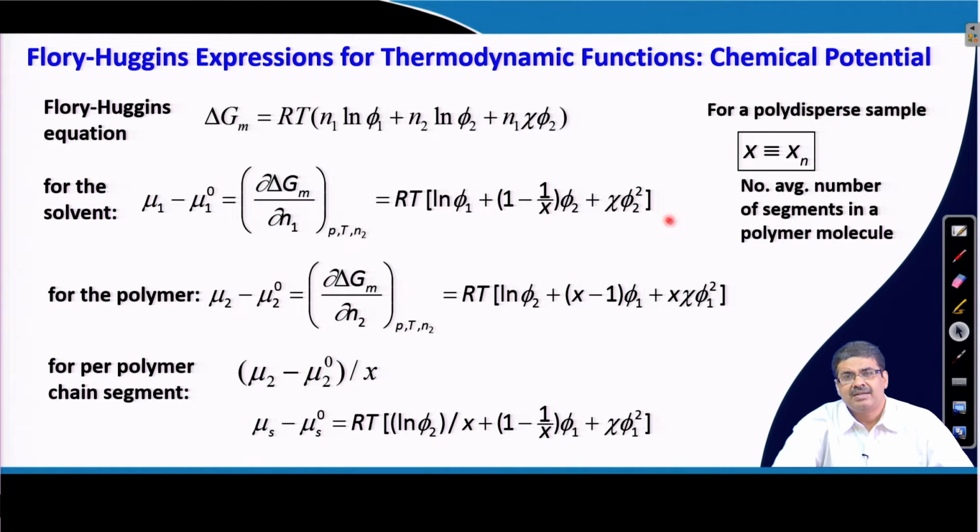If we consider that polymers have different chain lengths, they will have different numbers of segments as well. Then instead of just writing the number of segments, we can write the average number of segments in the polymer sample. But for the time being, we will not consider the average quantity, we will consider polymer chains having similar molecular weight. So, we will consider x.